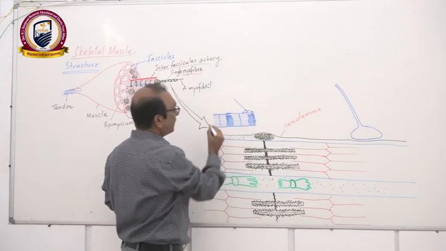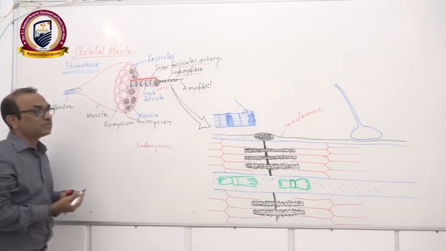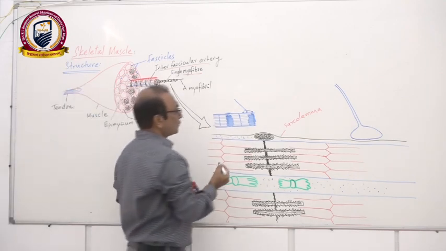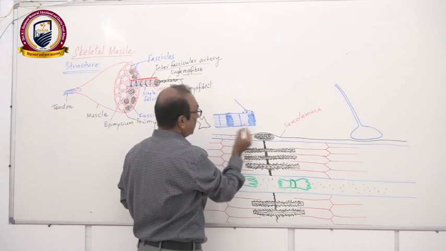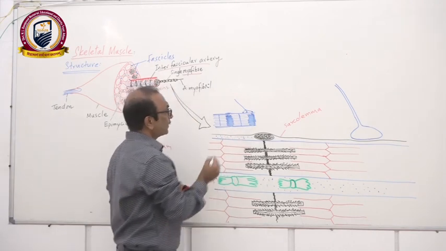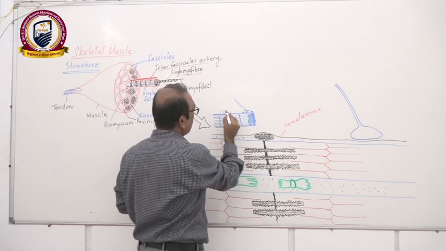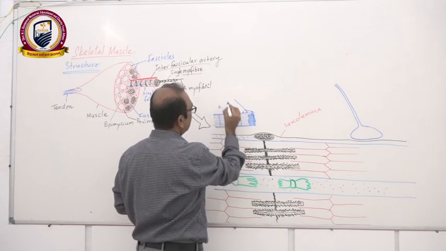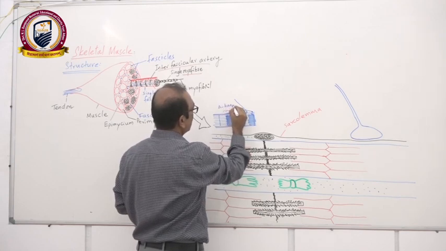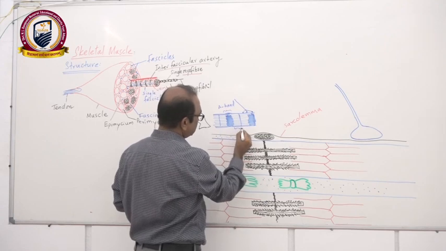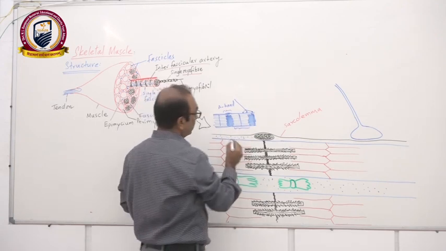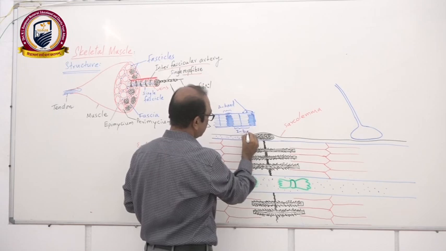Whereas the light bands are made up of thin filaments called actin. So they are named differently. The dark bands are called A bands, and the light band is called the I band.